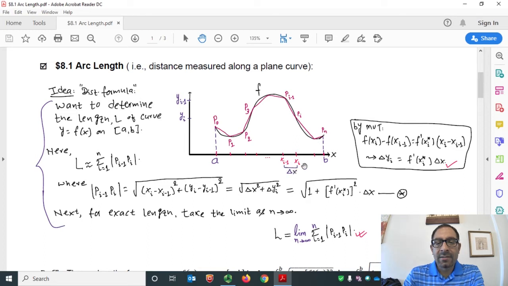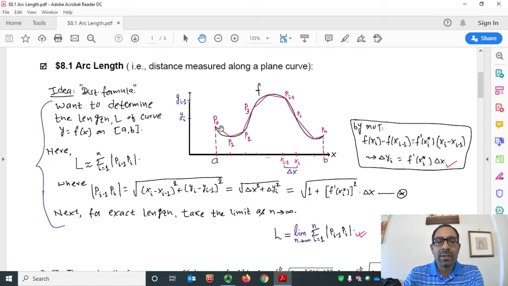I label my subintervals: a is x0, then x1, x2, dot dot dot, x(i minus 1), xi, dot dot dot, xn. And if yi equals f of xi, then the point Pi with coordinates (xi, yi) lies on the curve.